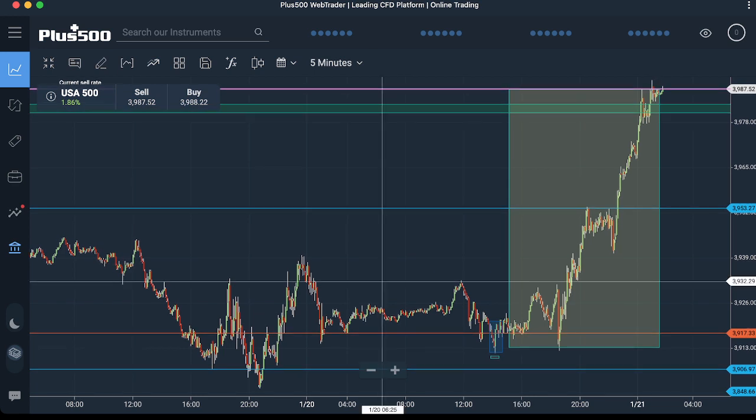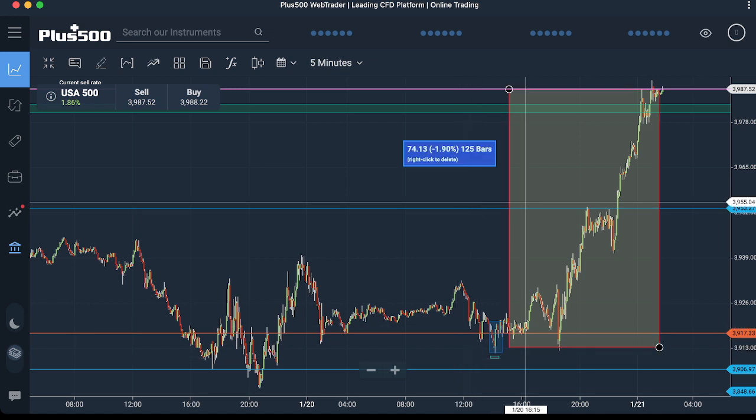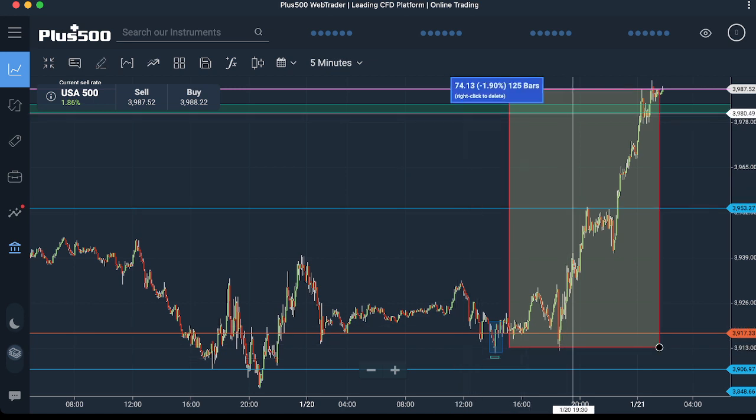So maybe we could enter at 3916, and the stop loss was at 3910. It's like 7 points stop loss, and just see where the target profit is. It's 3980. Amazing, isn't it?